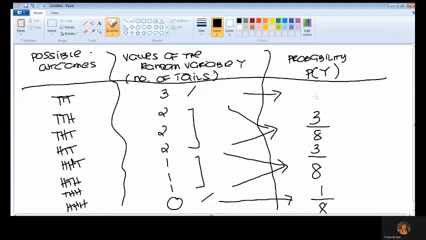Lastly, again, there are 8 possible outcomes and 3 tails occur once. So the probability that we shall assign to the random variable 3 is 1 over 8.